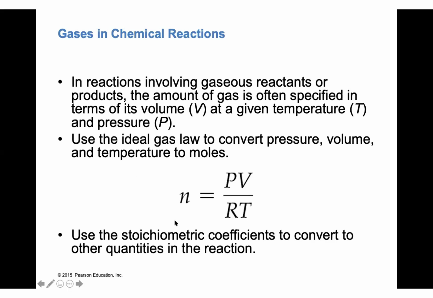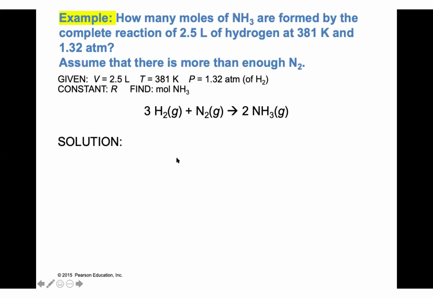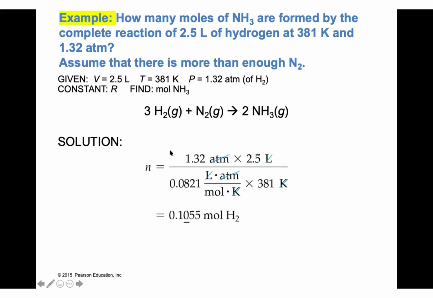If your unknown is n here, you can find it this way. As I said, you put the known numbers on top and divide by the unknown's side. So here we use n = PV/RT. I find my moles first.